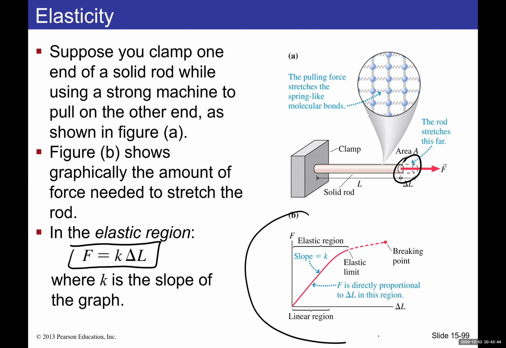So then this graph represents the elastic region, where you are pulling it to the right, and it basically stretches, stretches, stretches. And then this is the elastic limit. That means from here it starts deforming. And then at some point it can actually break. So that's basically the breaking point.